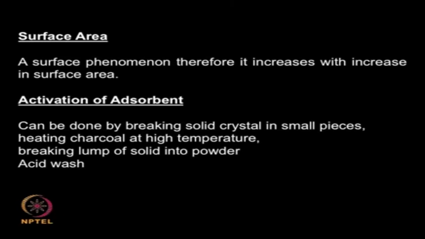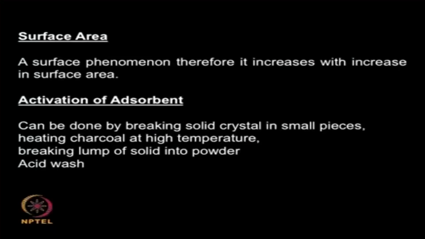Next one is surface area. Because adsorption is a surface phenomenon, the more surface you have, the more interaction between the two phases, so the adsorption process also becomes very effective. So having a very large surface area is the key to any adsorption process.